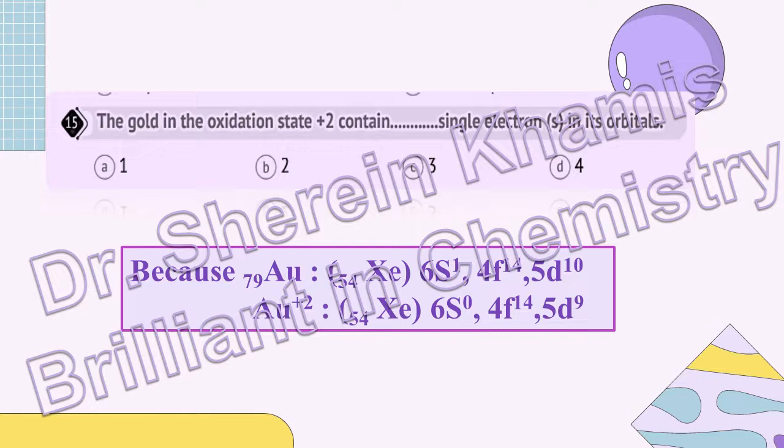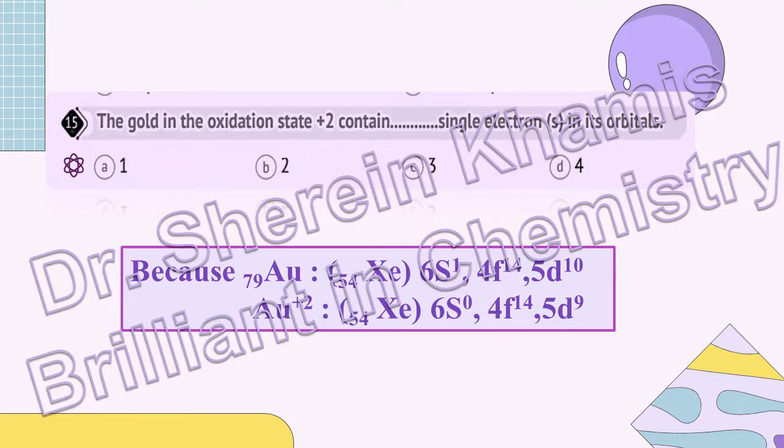We have 5 d orbitals, each one contains 2, except the last one that contains one single electron. So in the case of oxidation number plus 2, the gold contains only one single electron in its 5d orbital.